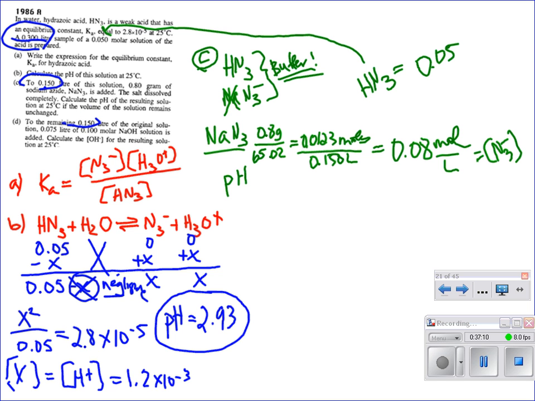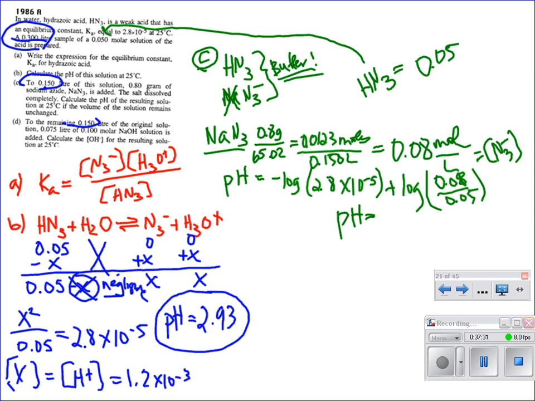Henderson-Hasselbalch. pH is equal to negative log of 2.8 times 10 to the negative fifth plus the log of, what's the ion concentration? Which one? 0.08 over 0.05. So you should have gotten a pH. They got 4.76. Yeah?